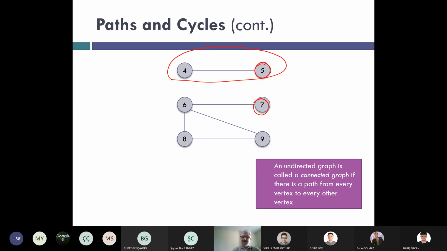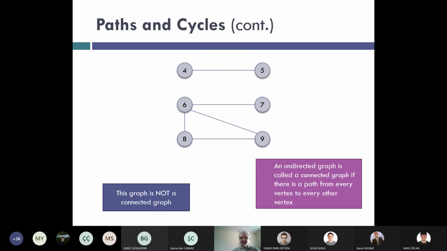This is one of the connected components, and this is another. A connected component is a subgraph which contains a subset of vertices and edges, and it is connected. As you see, we have 2 connected components in this graph.